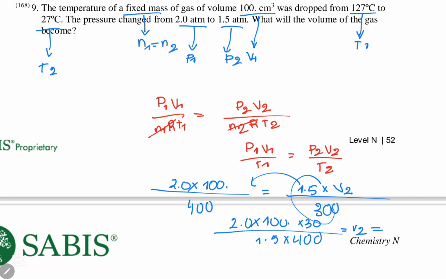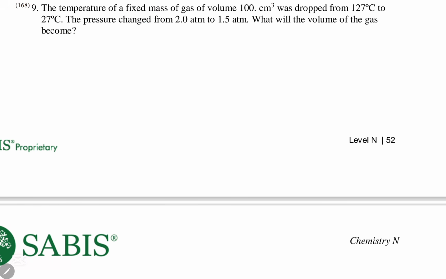So on your calculator, I got an answer of 100. And there's a lot of 3 significant figures, but I think it should be to 2 significant figures. So we'll change it to 1.0 times 10 to the power of 2 centimeter cubed. Okay, that's it for question number 9.